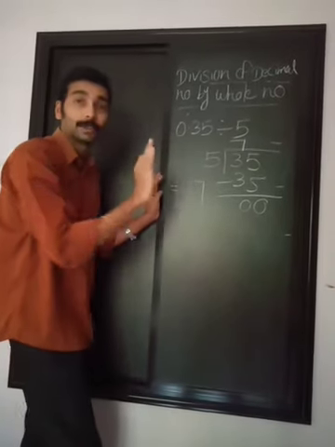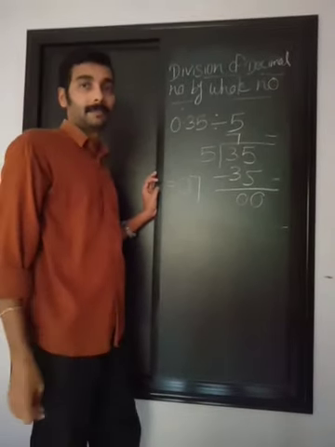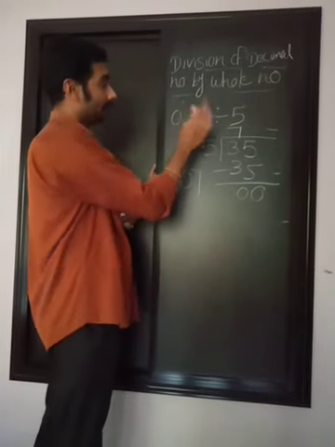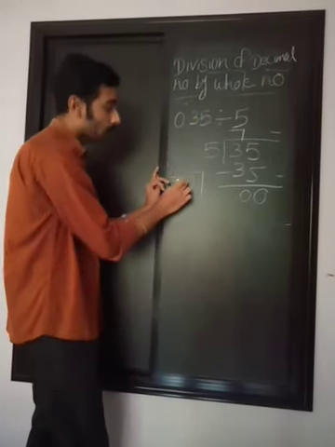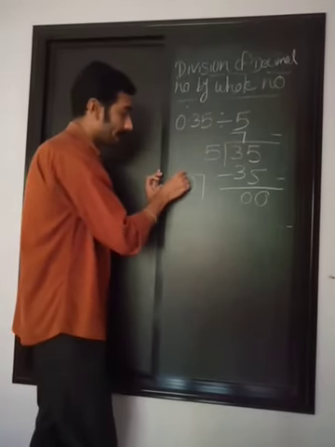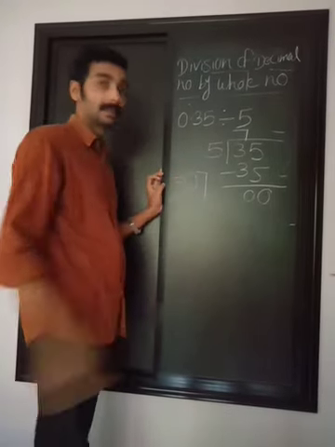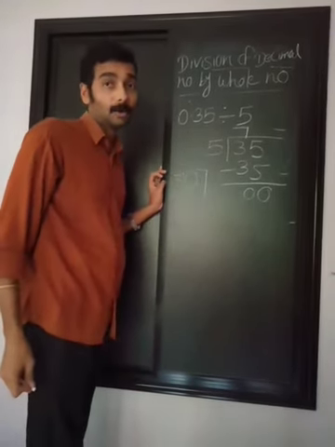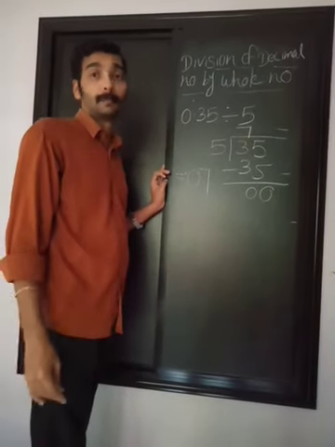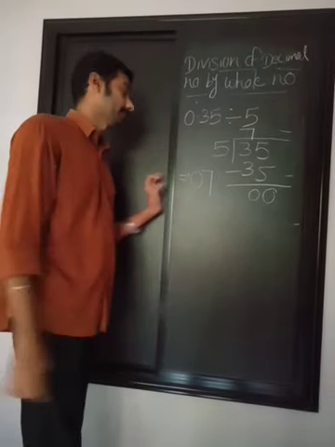Another place has no number, so we put 0, and we put a point. That is called 1, 2. There are 2 places. Then we put the point. That is, result is 0.07 or .07. Both are correct. Clear? Okay.